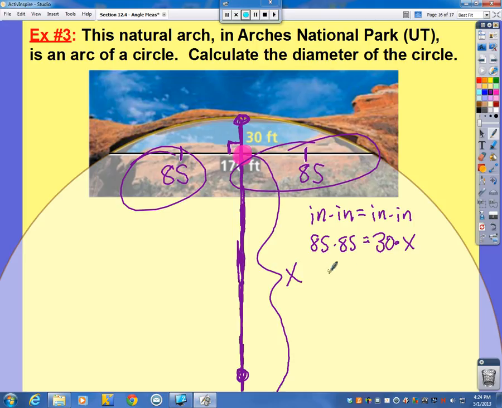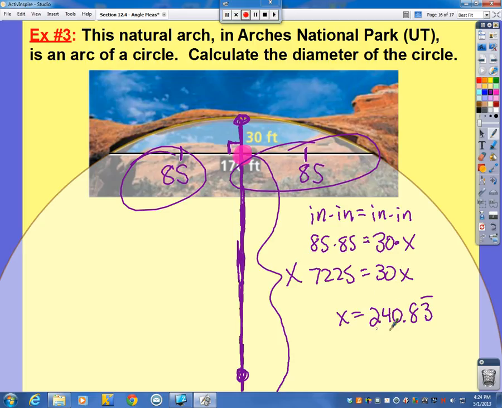Okay, so 85 squared, ooh, big number. 85 times 85 is 7225 equals 30x. Divide by 30, and I get something not exact. 240.83 repeating.